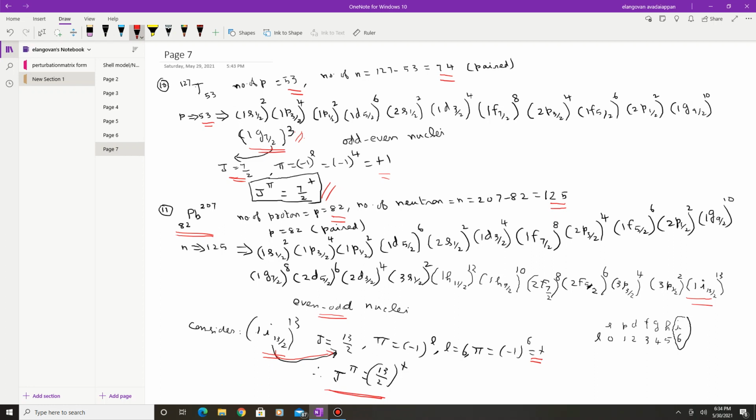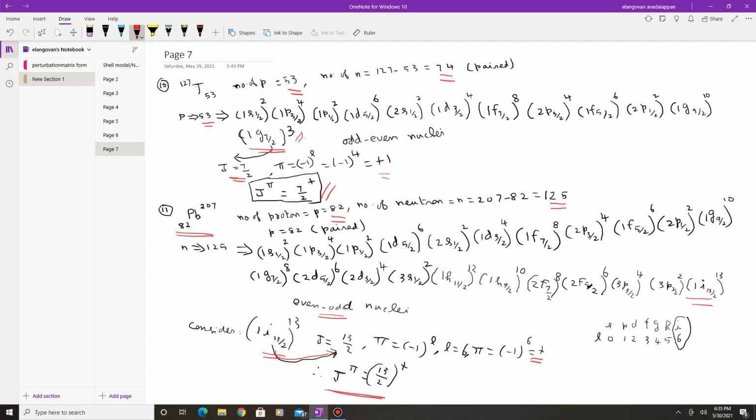Using this diagram, you can easily fill the energy level sequence when the number is less than 52. That diagram will be much more convenient to remember when compared to the first diagram. And if you remember the entire diagram, that is also important. So depending upon the value of the number, whether it is a P number or Z number, if it is less than 52, then you can use the second diagram, which will be much more convenient.